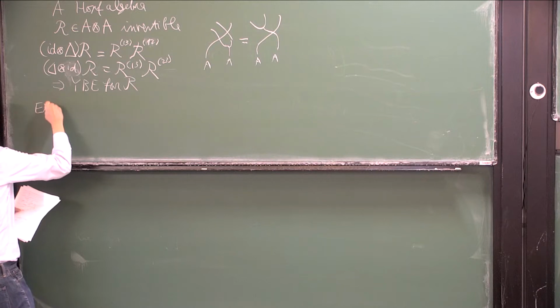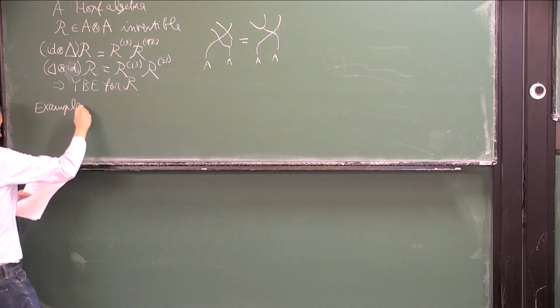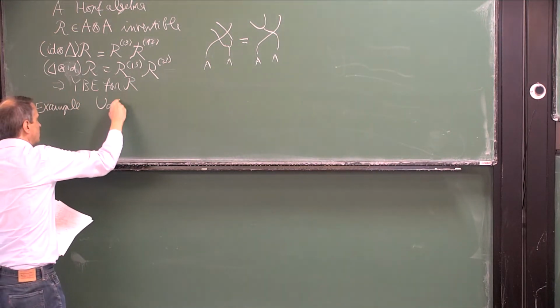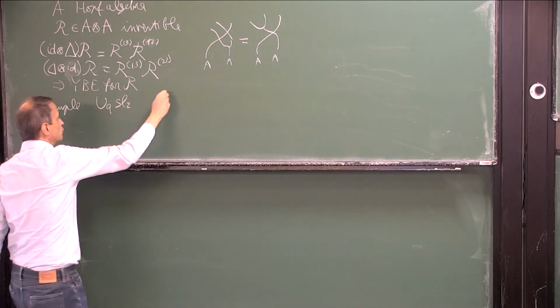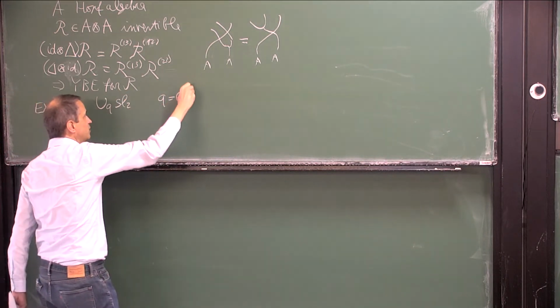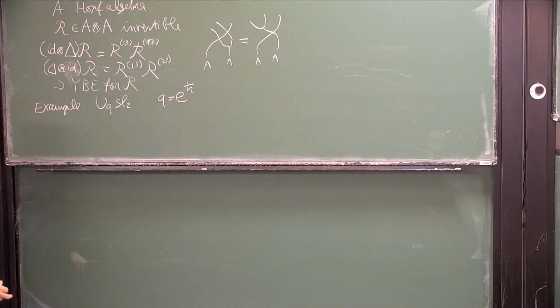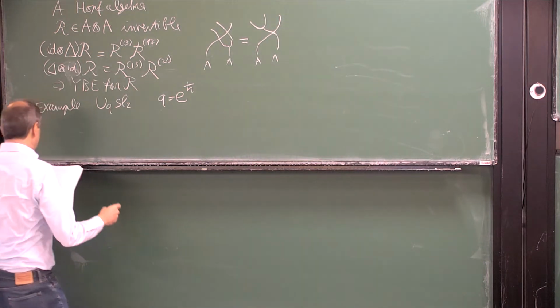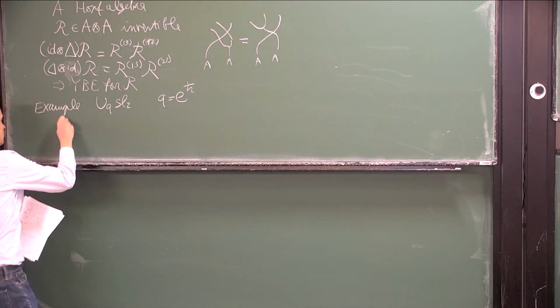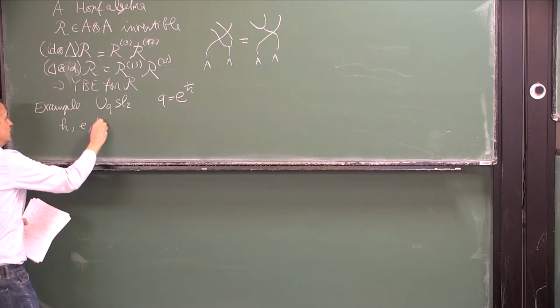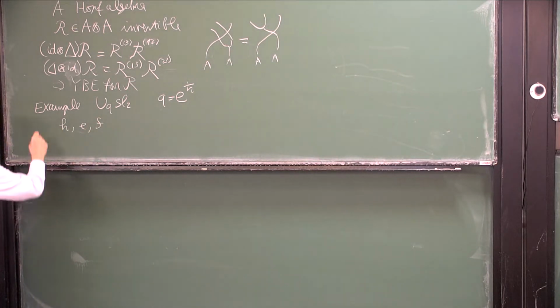So the example is this U_q of SL2, so it is a q deformation. So q is exponential of h bar, and so for h bar equal to 0 or q equal to 1, you should reproduce the usual story. So here you have three generators, H, E, and F. This is SL2.